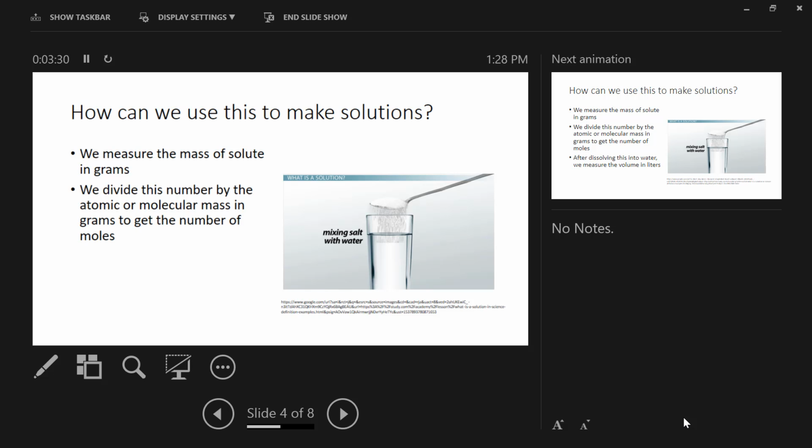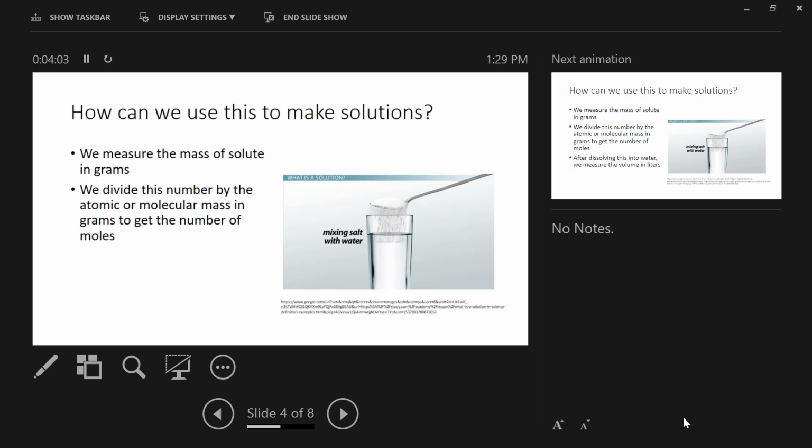Then we divide this number, the one we just got by measuring the mass of our solute, by the atomic or molecular mass in grams. So this would allow us to figure out not just how many grams of salt we have, but how many moles of salt we have.